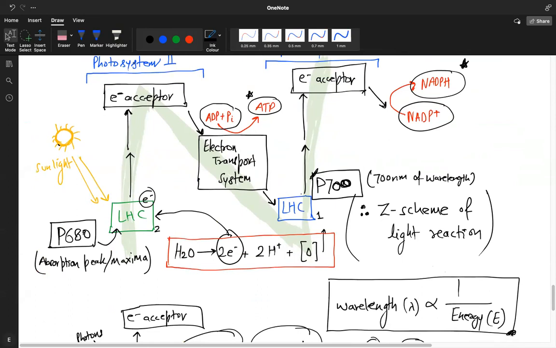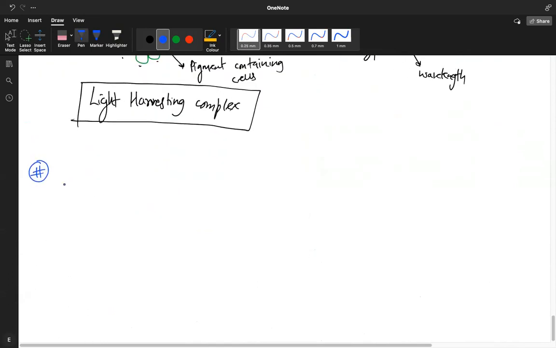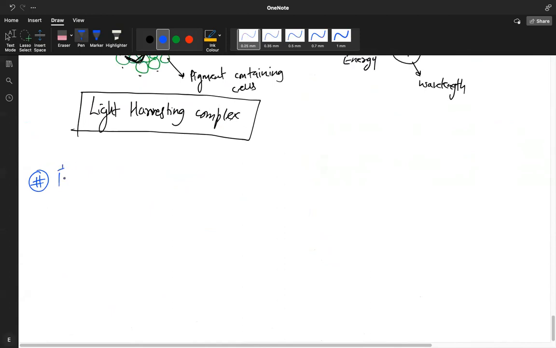So the question is, write down, how does photosystem 2 get the supply of electrons continuously?